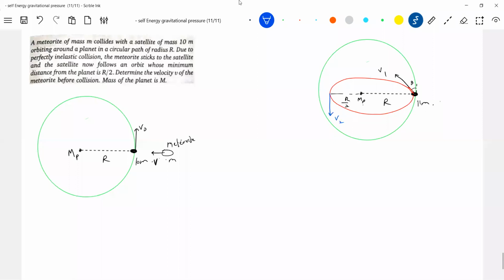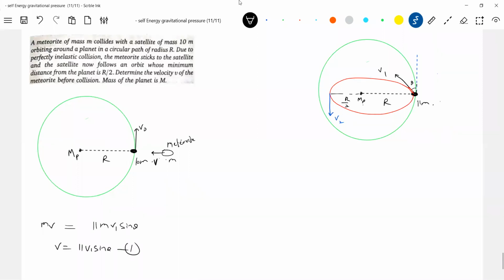Let's apply conservation of linear momentum first. The velocity makes an angle theta with this one. Along the x-axis, initial momentum is mv, equal to final momentum 11m v1 sine theta. Theta is unknown, we assumed it. So v is equal to 11 v1 sine theta.